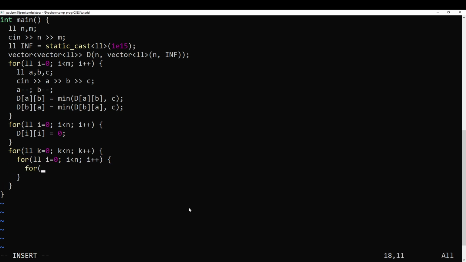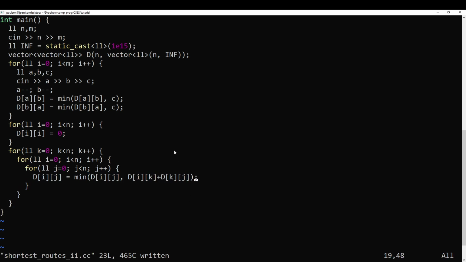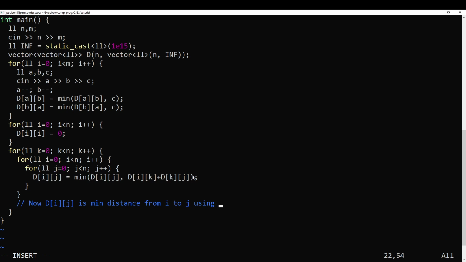So for every starting vertex and for every ending vertex, the distance from start to end is the min of the current distance from start to end and the distance going through the new intermediate vertex k, which is just the distance to k and then the distance from k to j. And so now d[i][j] is the distance from i to j using middle vertices 0 through k.